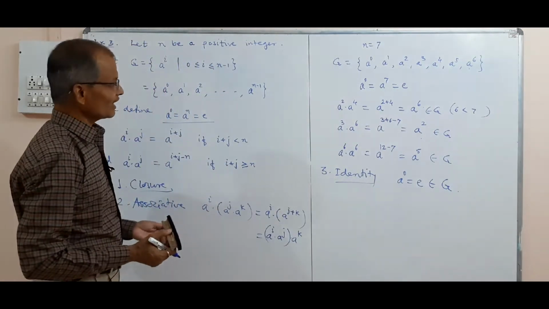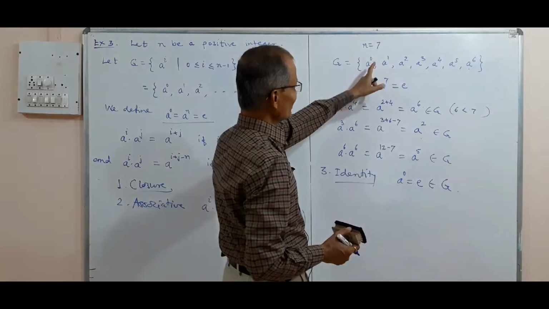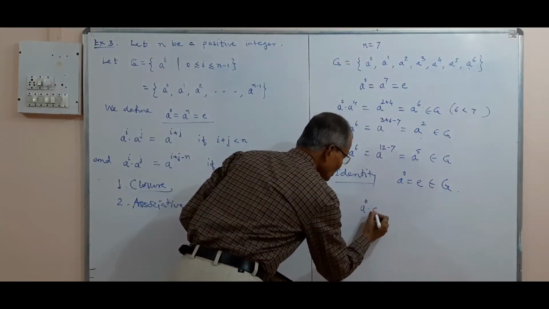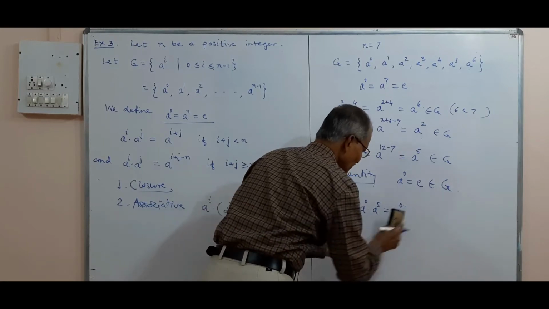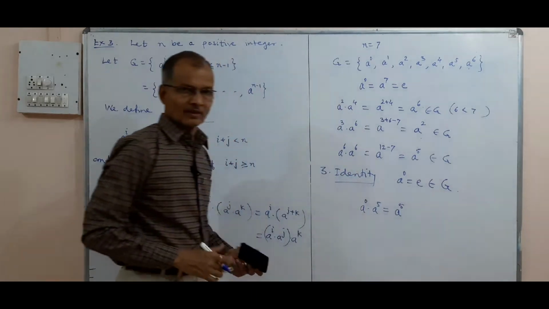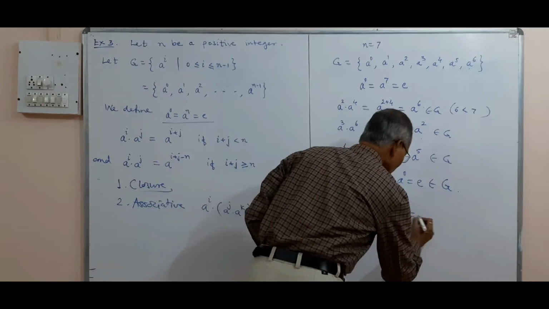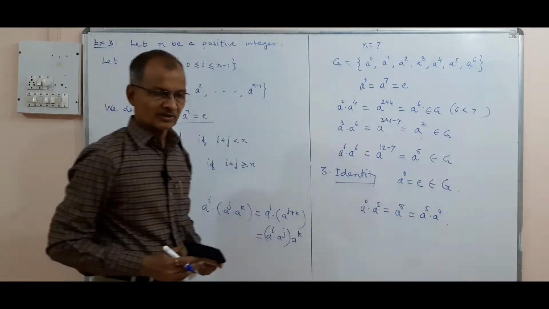And if you consider the composition of any element with a raised to 0, that will give the same element, because a to the power 0 into a to the power 5 is a to the power 0 plus 5, that is a to the power 5, and thus this is an identity element. A raised to 0 is the identity element, or this can be written as a raised to 5 into a raised to 0. Commutative is satisfied.